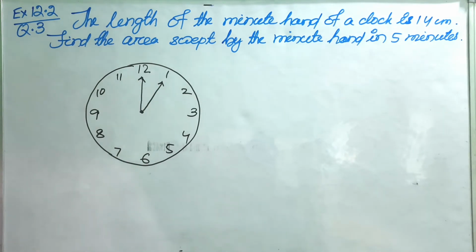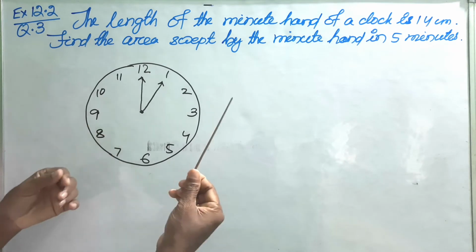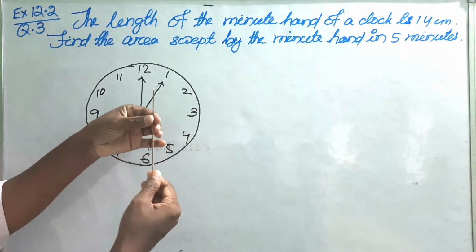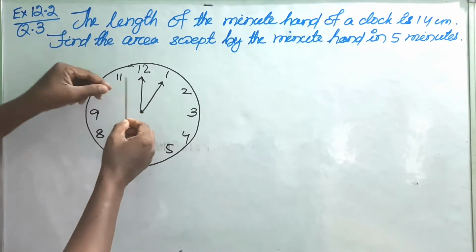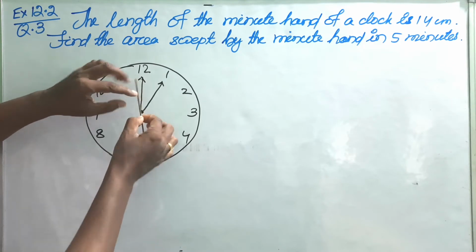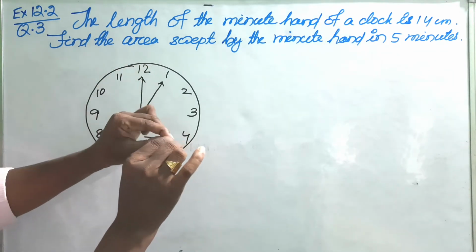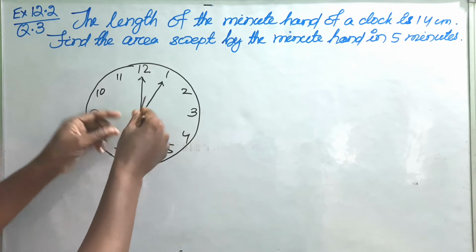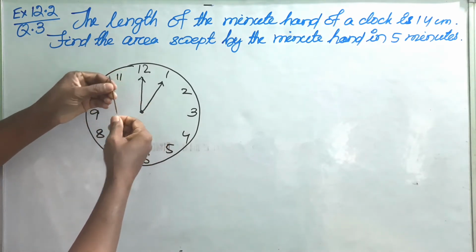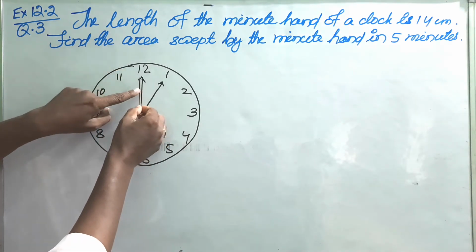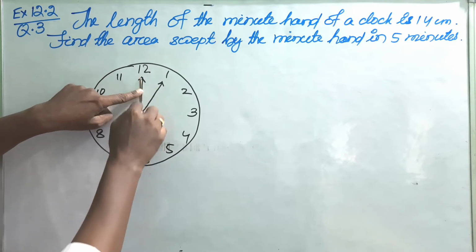Now let me take a small stick like this. Let me break this stick from here so that the length of this stick will be equal to the length of this minute hand.